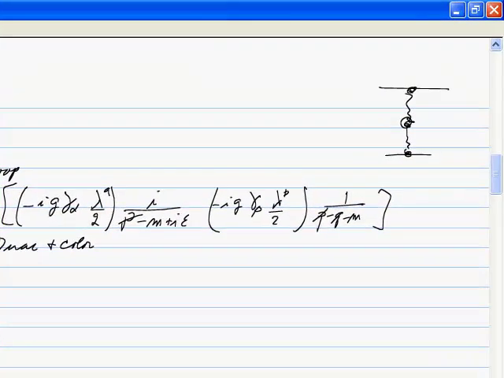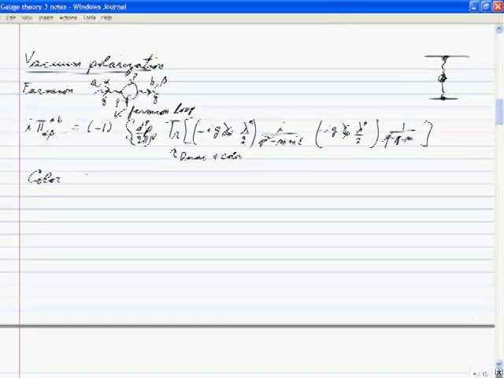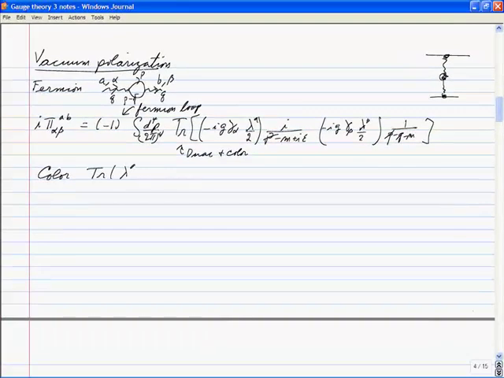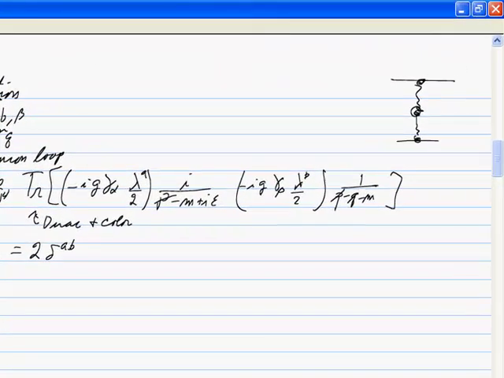We're doing SU(N) all at once, but I can't stop calling them color, the indices associated with the Yang-Mills theory. So the color trace of lambda A lambda B is 2 delta AB. And so aside from factors of g and lambda over 2, it's the same as QED.